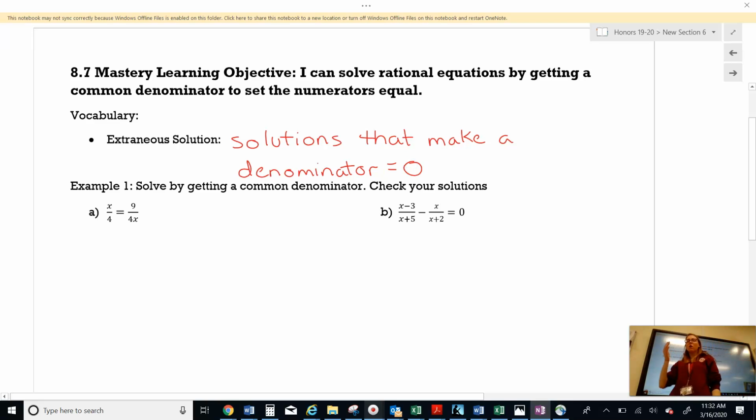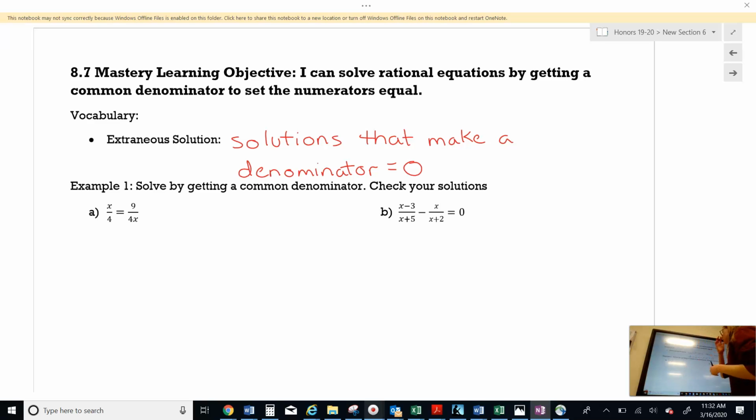Okay, so in the course of solving one of these, we get rid of our denominators. But at the end, we have to remember where we came from, and if we divide by 0, it's not possible. So we want to make sure we aren't getting anything that is going to make that denominator 0.